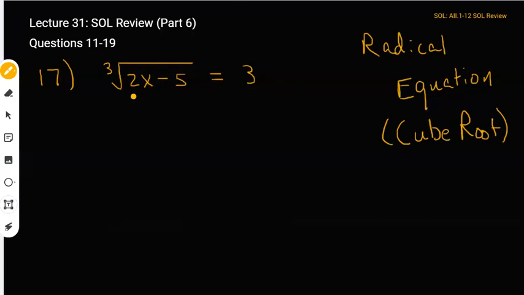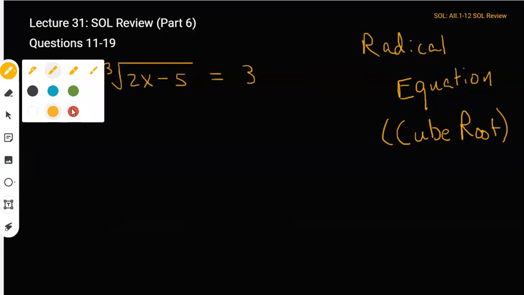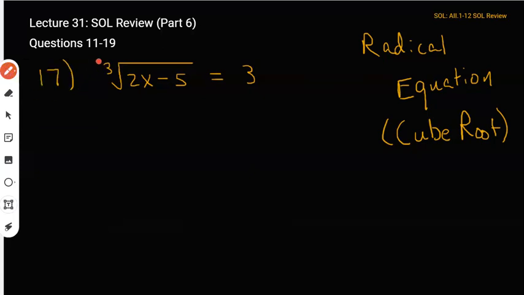What I want to do is get rid of this cube root. How can I do that? What would I have to do to both sides? If it's a cube root, I'm going to have to cube both sides, so my exponent on both sides is going to be 3. When I do that, whatever's inside the radical is going to come out.